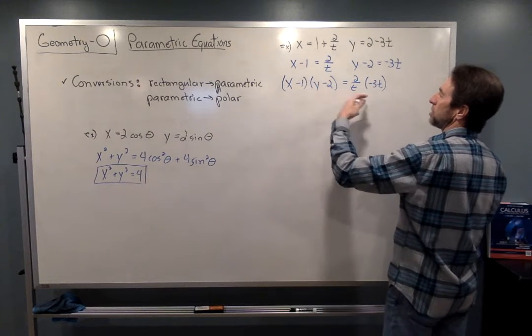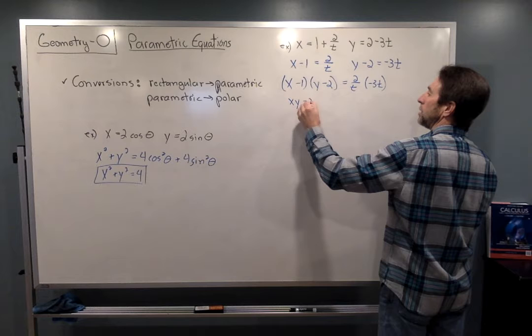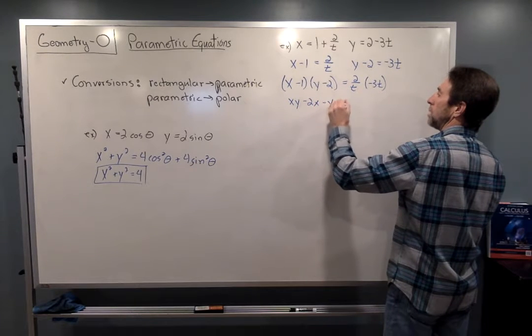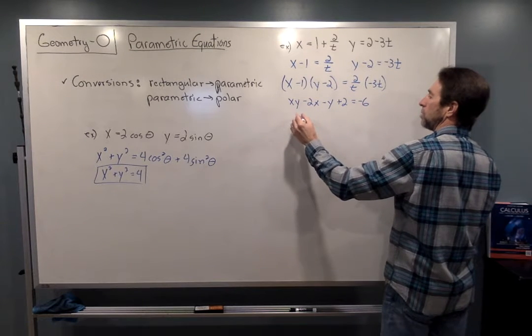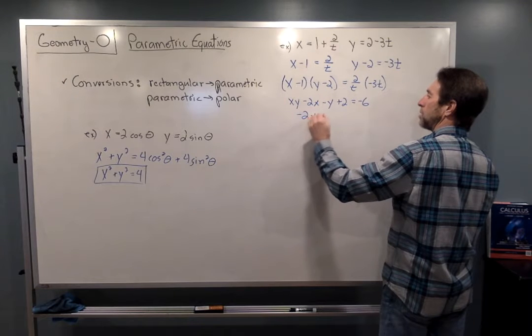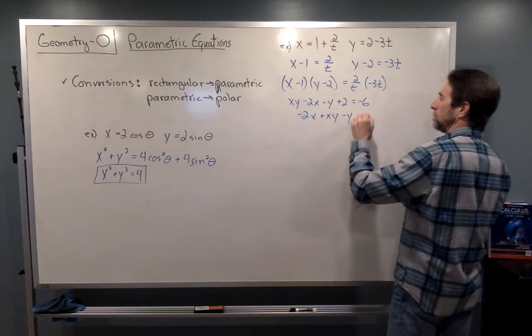So now I just have to simplify this, and we get xy minus 2x minus y plus 2 equals negative 6. So if I rewrite it in a little bit different form, negative 2x plus xy minus y equals negative 8.